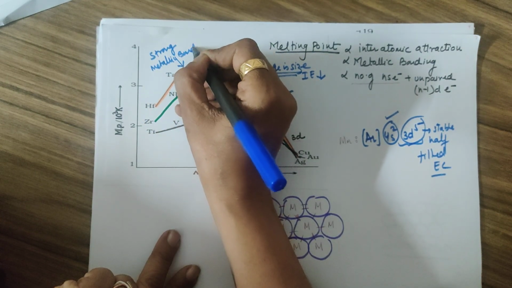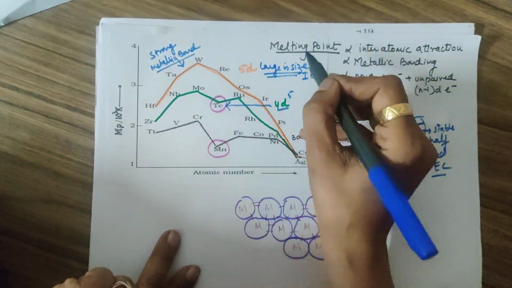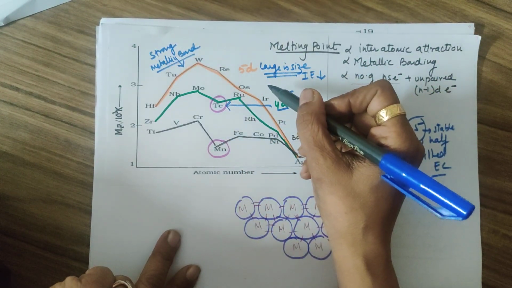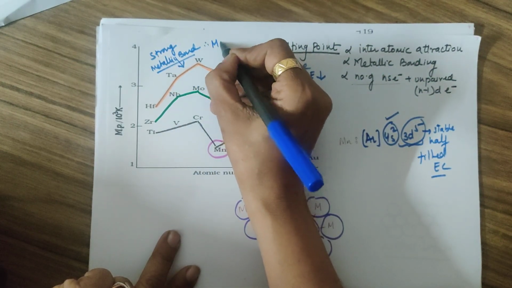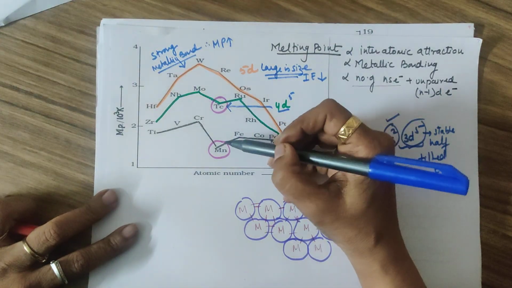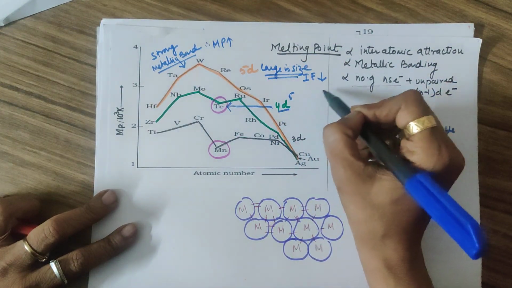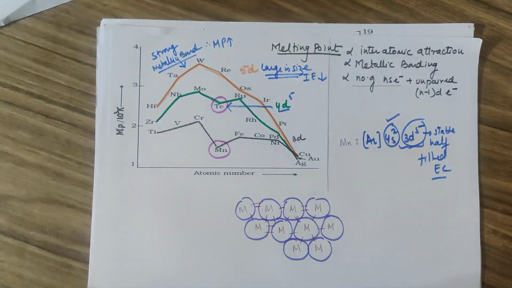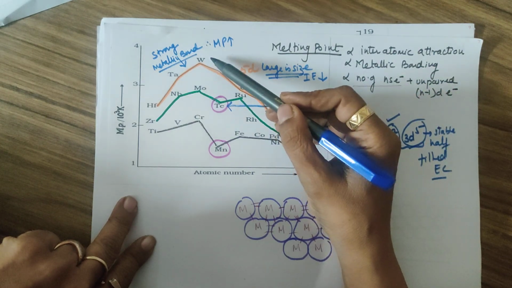Because of its large size, it is easy to utilize electrons from the valence shell and the n-1 d for metallic bonding. Since the metallic bonds are strong, the melting point is also large. Agreed? So as we go from 3d to 4d to 5d, the size increases, ionization energy decreases, and electron participation for metallic bond becomes easy. So the melting point of the third series is much higher compared to the second, and compared to the first.